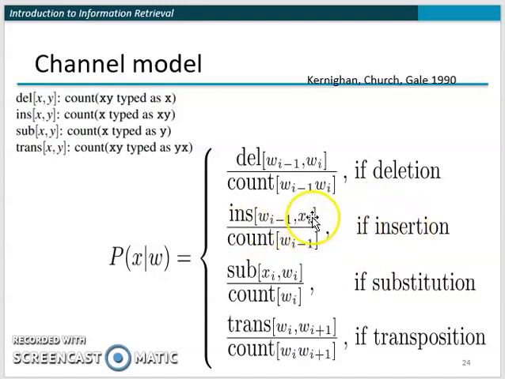So user actually inserted an extra letter, which was Y in this case. So in numerator we have count of this mistake, that is how many times user wanted to type X but typed XY instead. We can get this count from the insertion confusion matrix, and we divide it by total count of X.